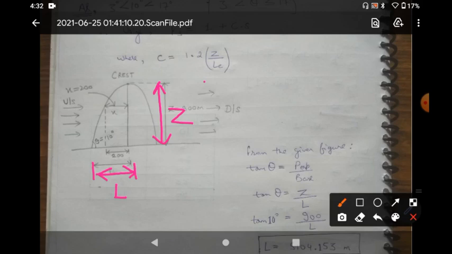But now we are going to equate it with the smaller dimension, so we are considering this value, that is H, and the smaller value will be L, this is the dimension.